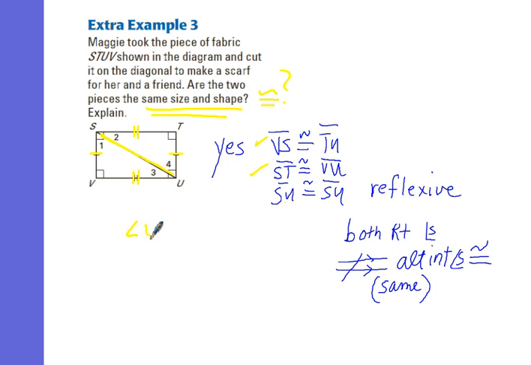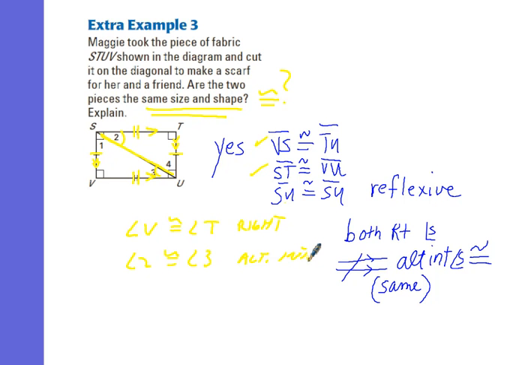Well, we have angle V is congruent to angle T because they're right angles. In a rectangle, we have parallel sides, don't we? Therefore, we can say that alternate interior angles are congruent. So angle 2 is congruent to angle 3 by alternate interior angles.